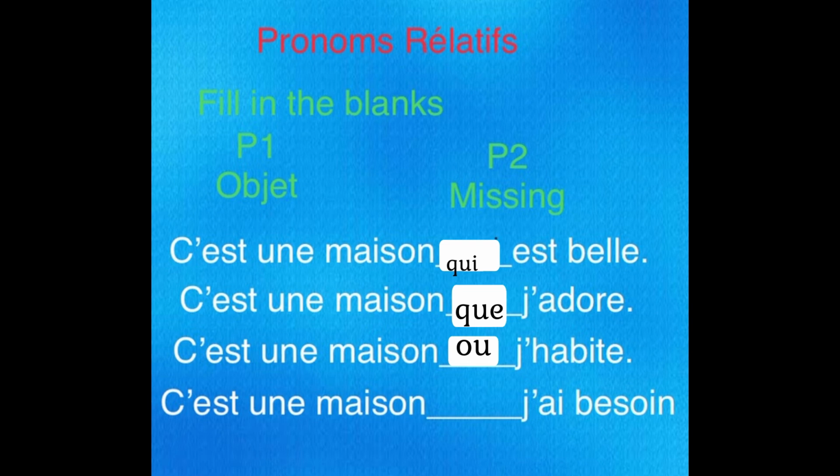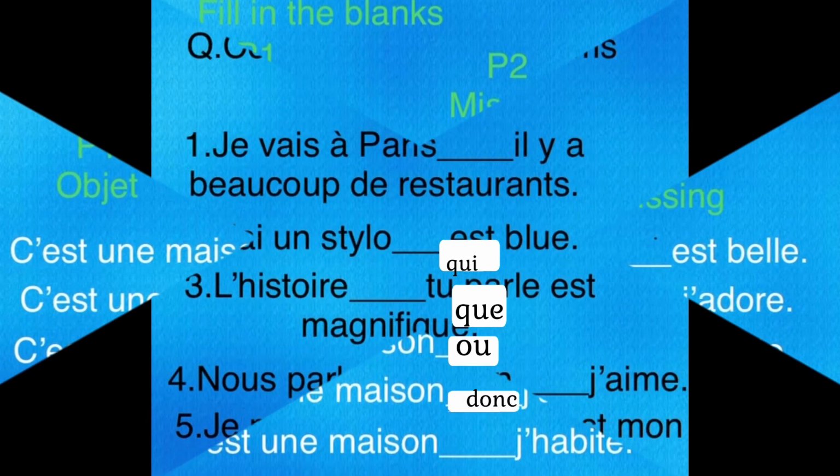So, I can guess that the missing part in phrase 2 should be de and something. Basically, it should be I have need of this house. This is a house, I have need of this house. And we also know that besoin is always succeeded by de. So, we will fill the blank with dont.